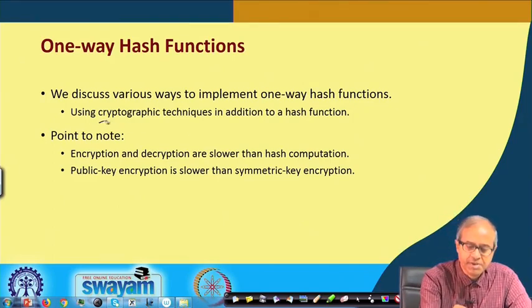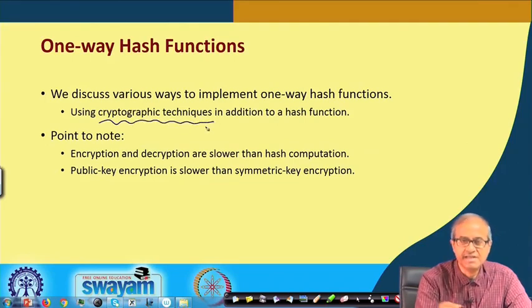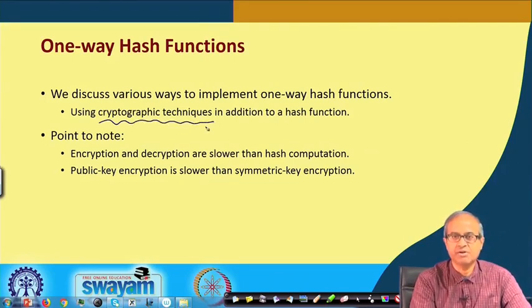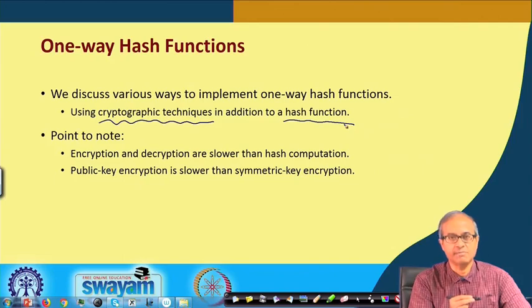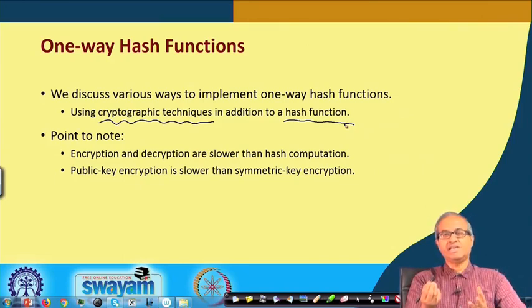We would be using some cryptographic techniques like symmetric key or public key encryption in addition to hash functions. But the point to note is that you should clearly understand why we are looking at so many varieties and alternatives, because the bottom line is that we need a hash function which will be efficient to compute both in software and possibly also in hardware, if you think of a hardware implementation.